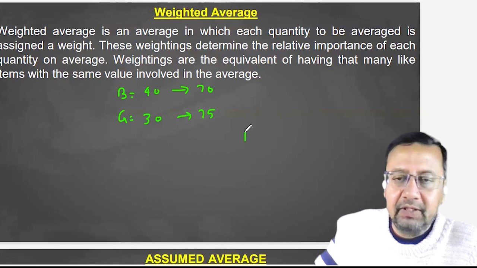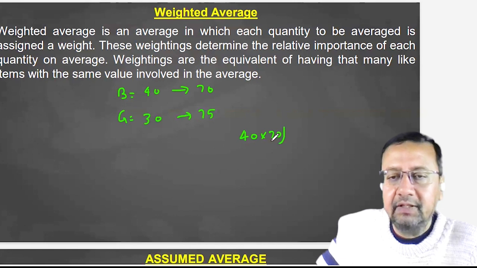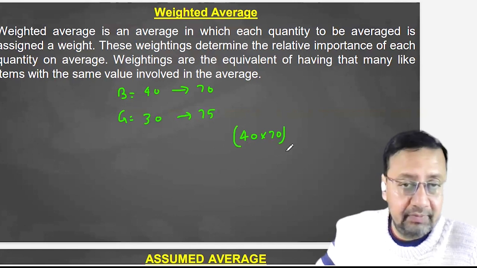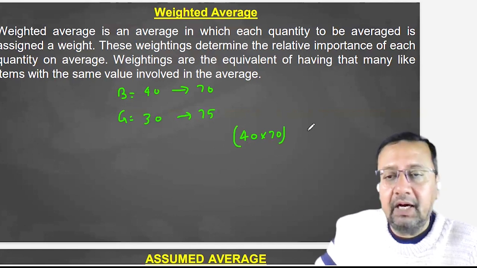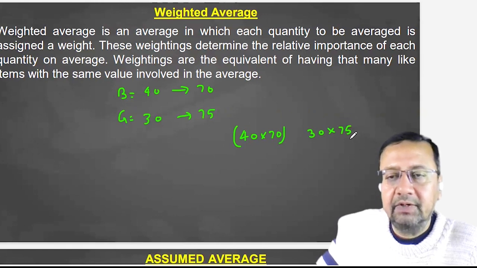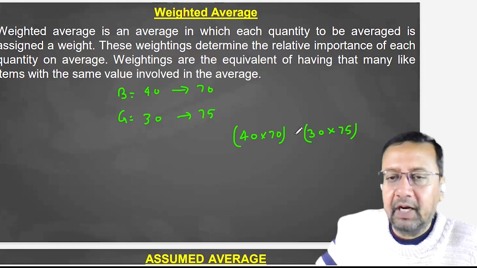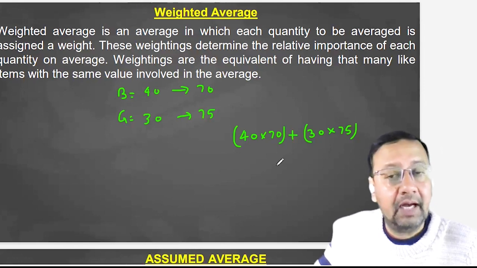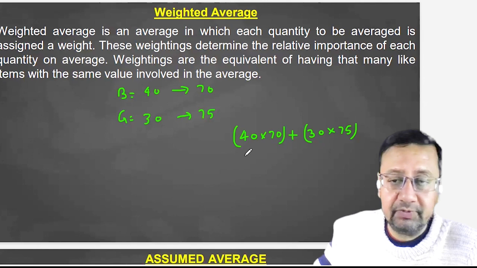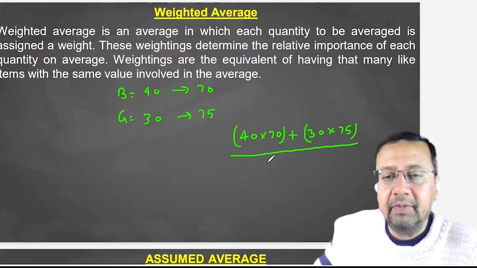So I can calculate 40 into 70 is the total sum marks for the boys, and 30 into 75 is the total sum marks for the girls. If I add, I'll get the total summation for the class, and divided by what?